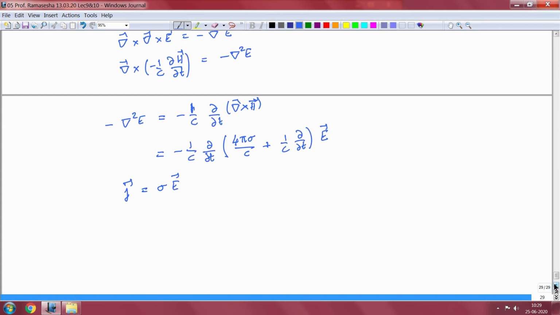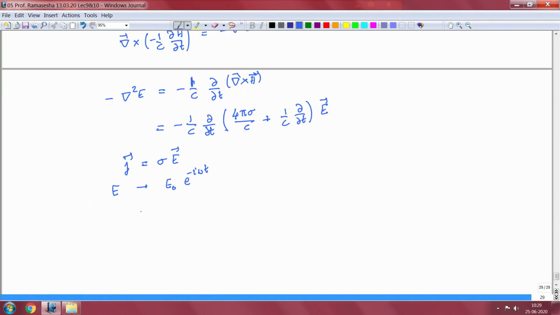Now supposing I have an electric field E, which is time varying, like E naught e to the minus I omega t, then what happens is that I get the following: minus del squared E is equal to omega squared by c squared times 1 plus 4 pi I sigma by omega times E omega, which is E naught omega, let us say.